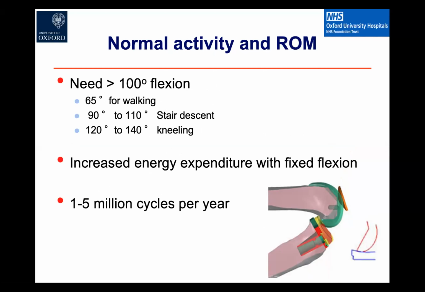Now, if you have a fixed flexion deformity of your knee and you can't straighten your knee, you put increased energy through your quads and hence increased energy expenditure. So it's very difficult to function with a partially flexed knee. And the knee goes through a lot of cycles depending on your age and activity level, but generally it's around 1 to 5 million cycles a year.